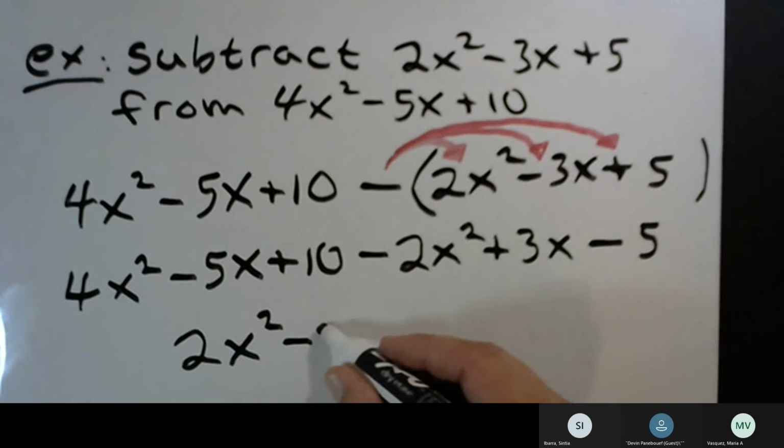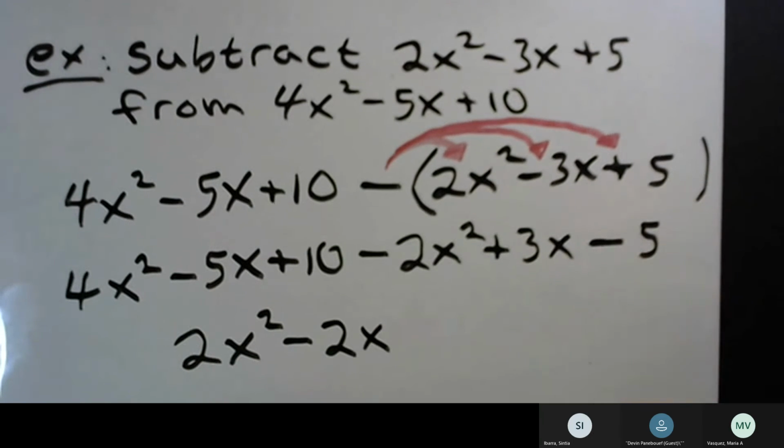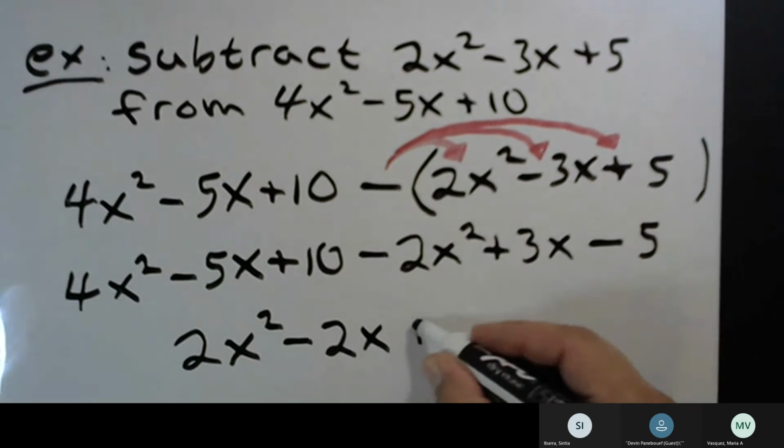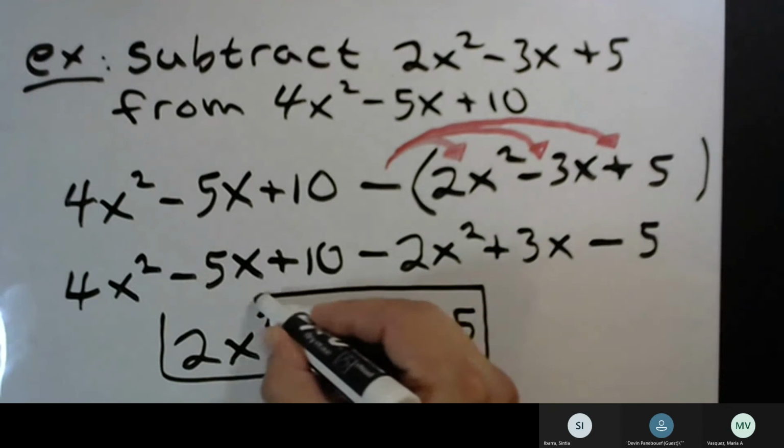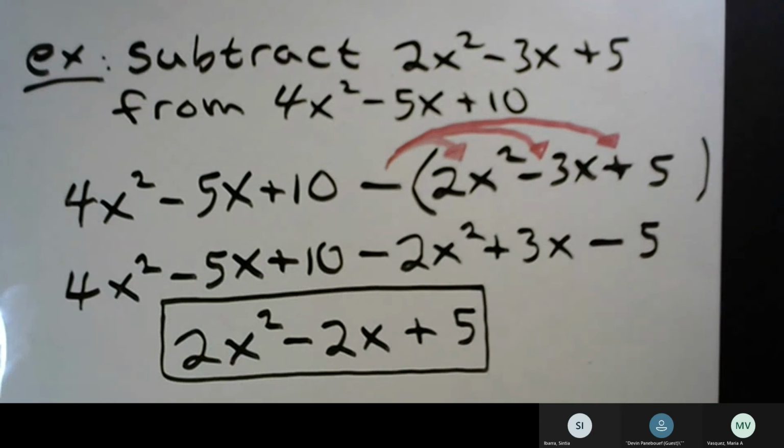So we're only short 2x's. And then 10 subtract 5 is 5. Questions about that?